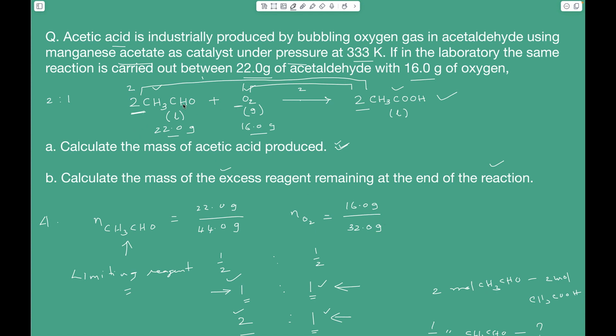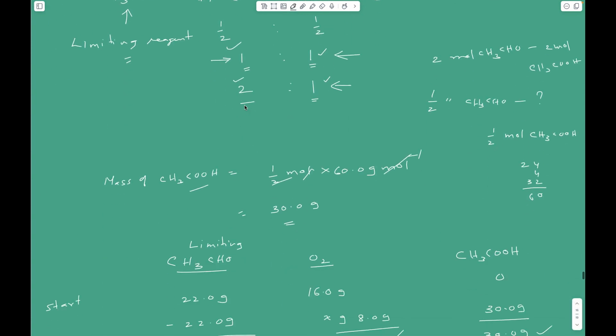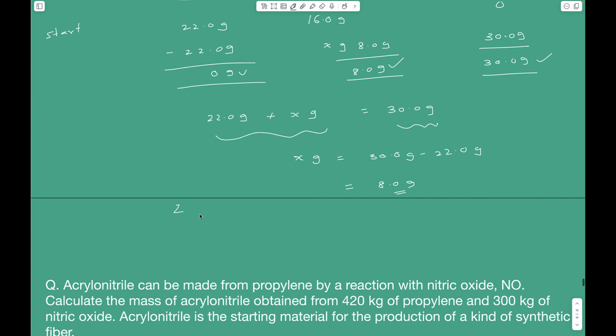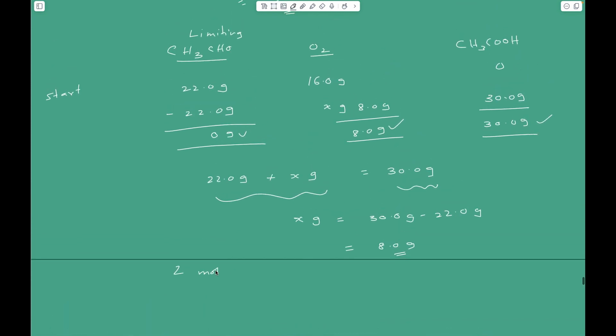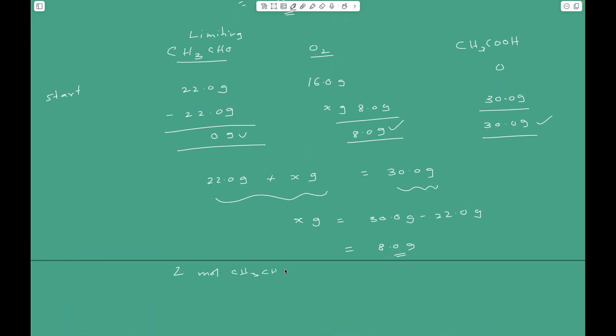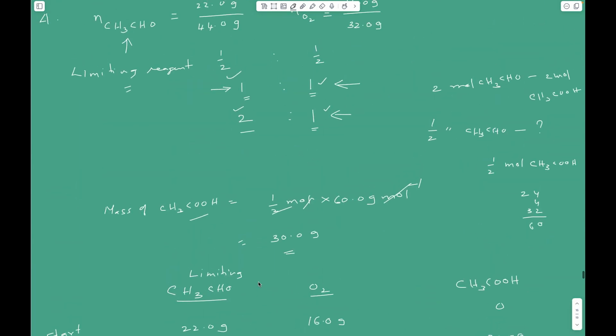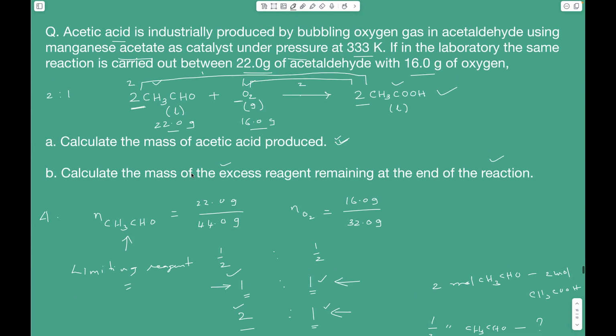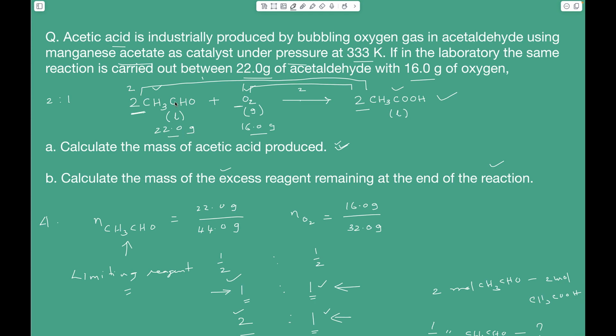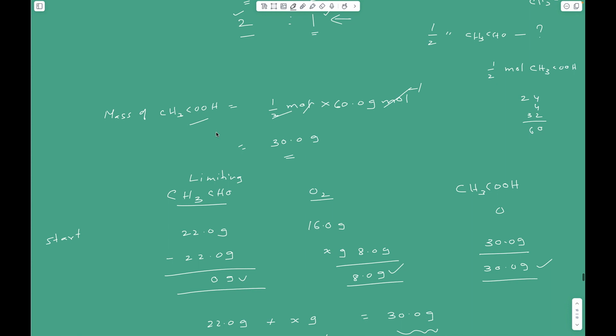From this equation, we understand that 2 moles of acetaldehyde need 1 mole of oxygen to react completely. But how much acetaldehyde is reacting in this reaction? We took only half mole and that is the limiting reagent. So half mole of acetaldehyde is reacting.